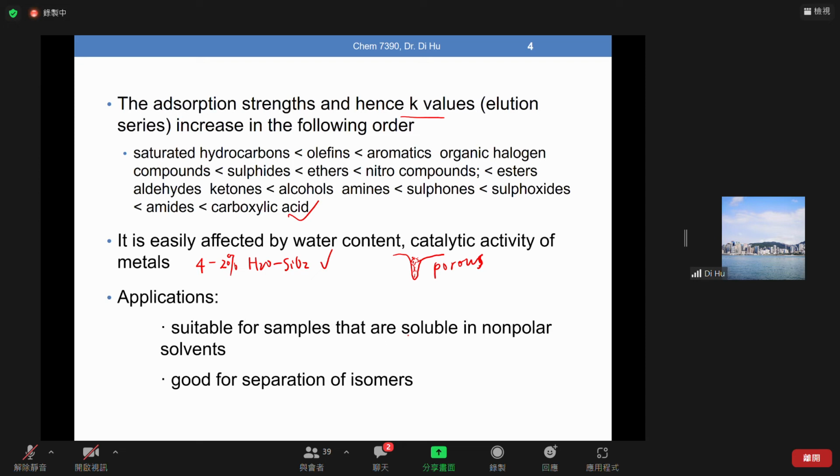But it still has its own usage and application. Especially, it is pretty good for the separation of isomers. Okay, and also when you are handling compounds that are suitable in non-polar solvents, you may want to think about adsorption chromatography as well. But anyway, it's not really the mainstream.